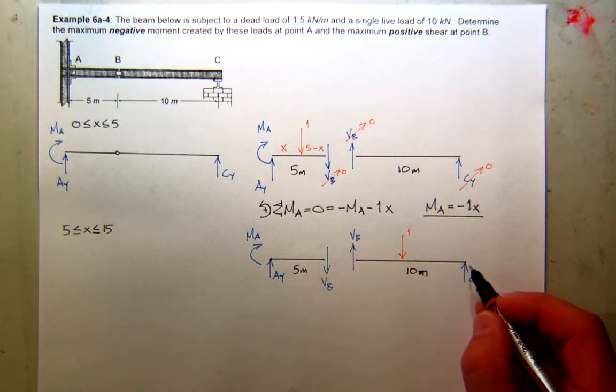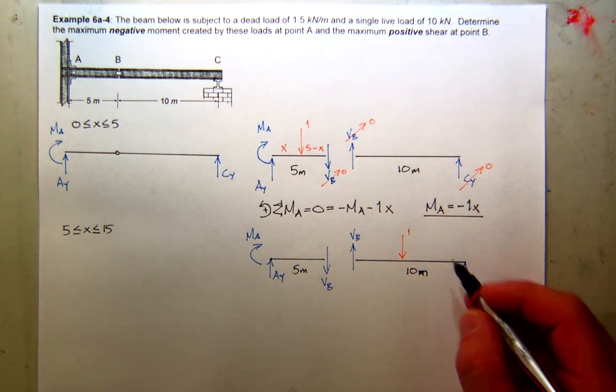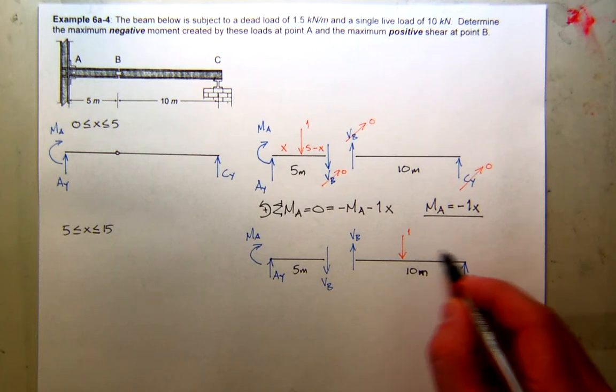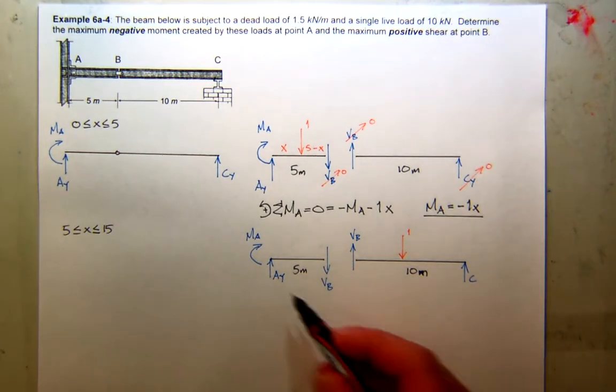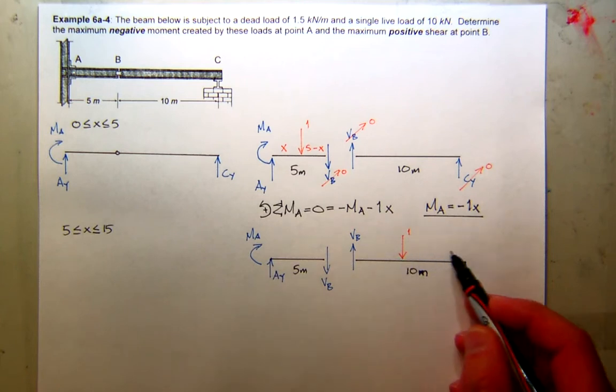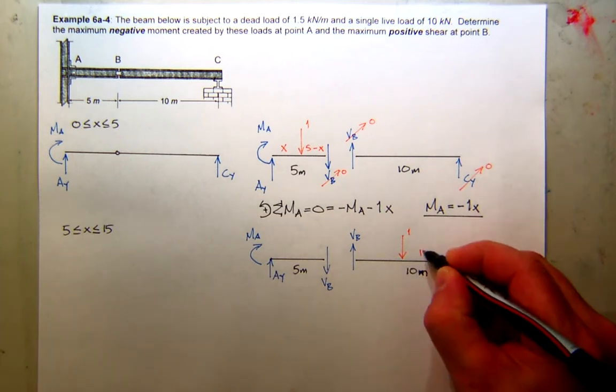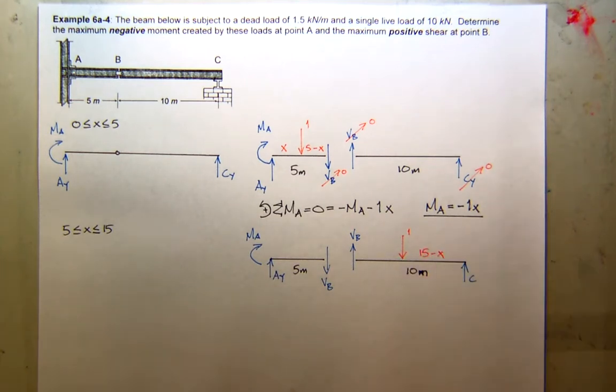Probably by summing moments about C. What's this distance here going to be? Now remember, the total distance from A to the load is x, so this bit's going to be 15 minus x, right?